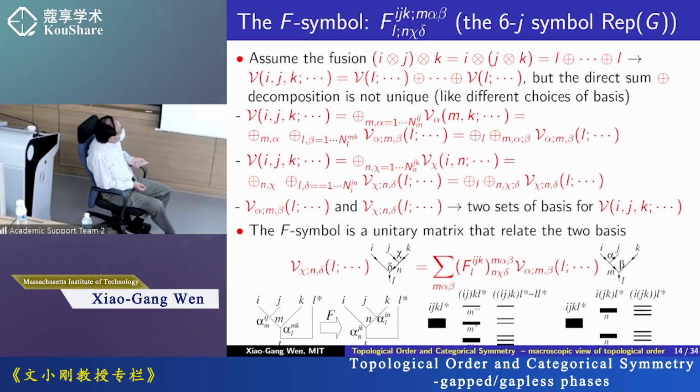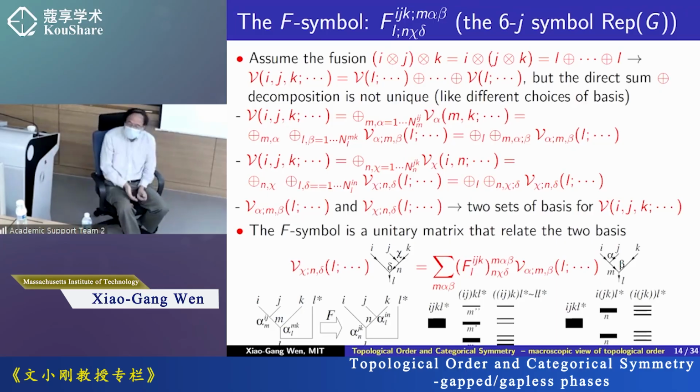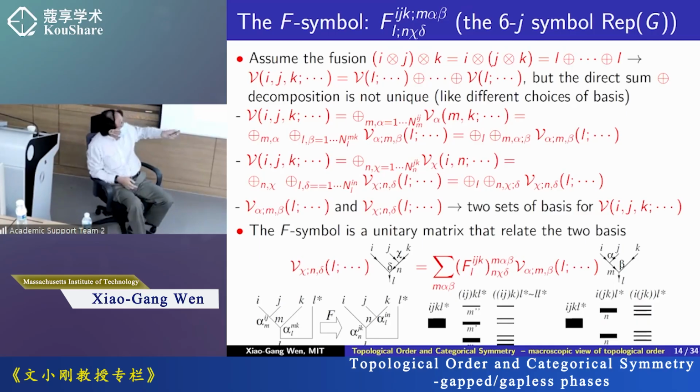So actually, not only do we have this fusion ring N_ijk, we also have the so-called F symbol. Actually, we know about the F symbol from group theory. We can fuse two group representations into some other representation. However, when you have three representations i, j, k to fuse together into representation l, then there's an order.